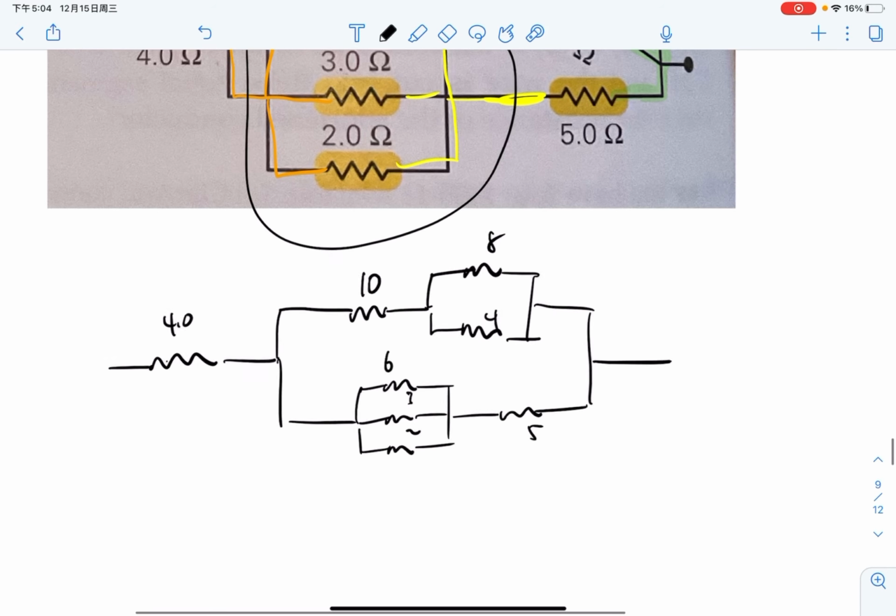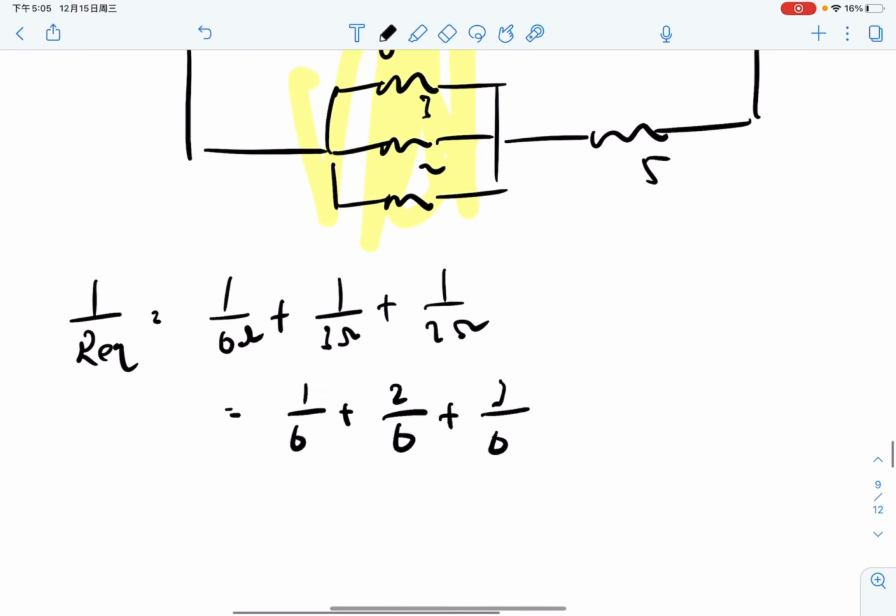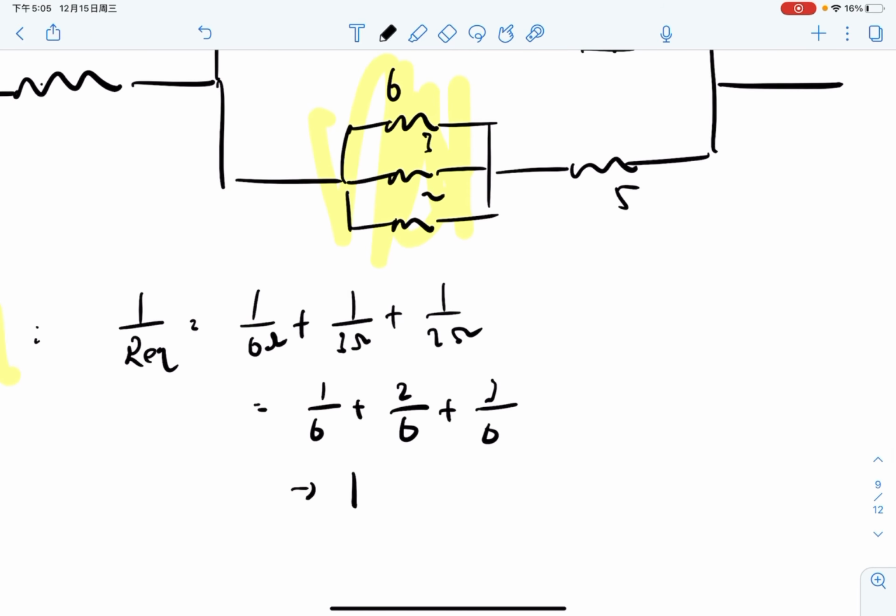For this part, the R equivalent is equal to 6 plus 3 plus 2. Let me calculate first. Okay, this one is equal to 1. So the R equivalent is equal to 1 ohm.